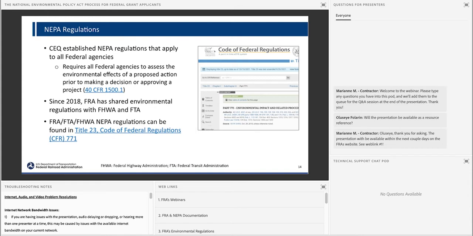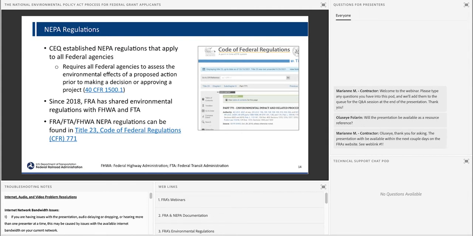There's a whole set of environmental regulations that each agency considers. One thing that CEQ originally asked many, many years ago is for each agency to establish their own NEPA procedures. So FRA and other modes like FHWA and FTA have had NEPA procedures for quite some time.